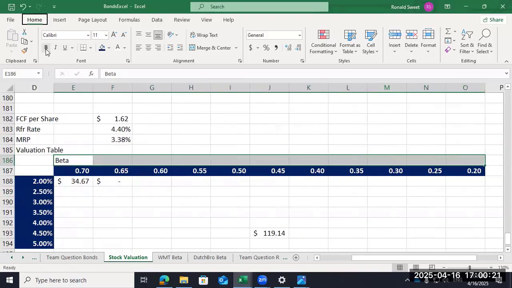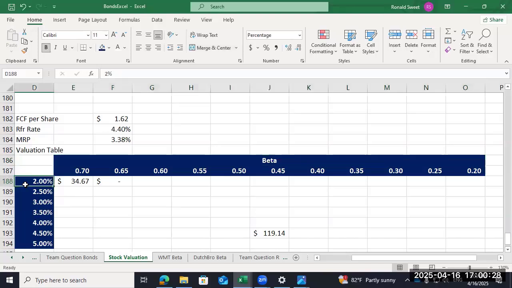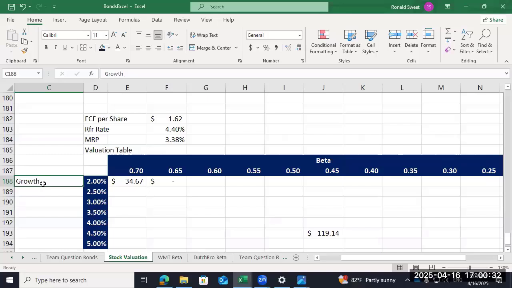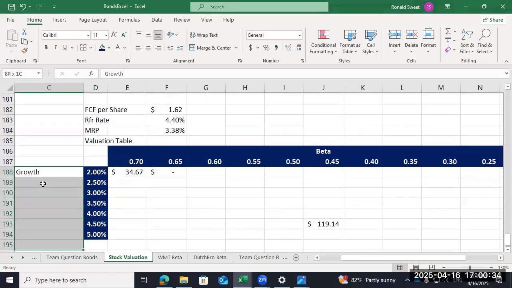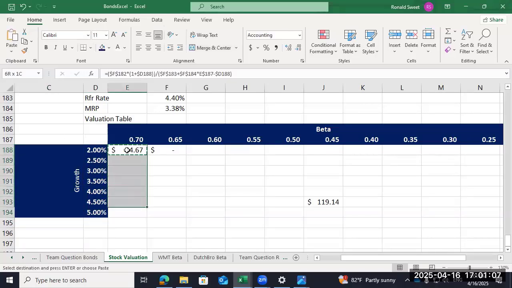Make it look professional. You don't have to do this, but boy, it sure does make it look much, much more. It looks really good if you put it on LinkedIn. And I got my growth rate. And we can just copy this down and over.